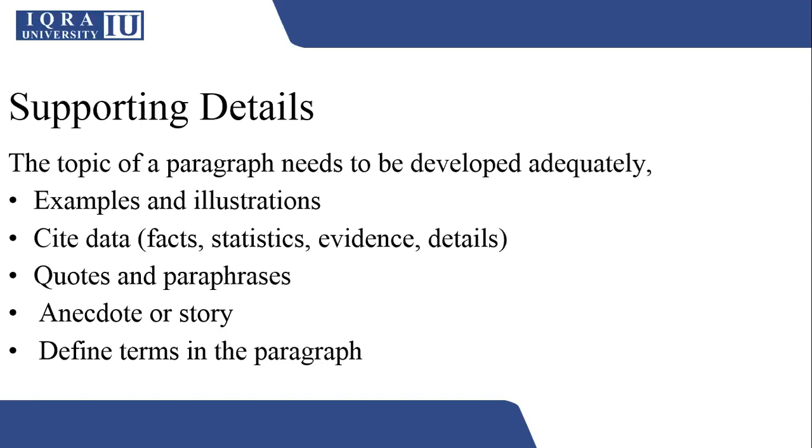So when we are writing a paragraph about honor killing and women's fear, we need to bring some facts, like what societies suffer from this problem, how many women are supposedly being killed every year, what evidence we have, what details we can offer.